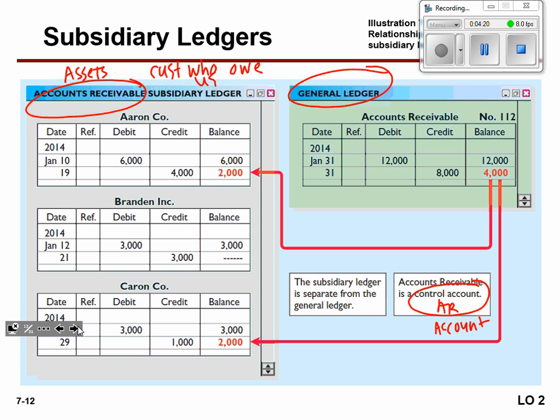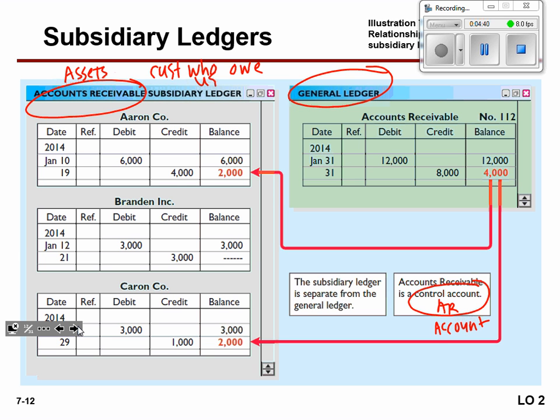So let's look at the debits and credits a little bit. If we see an asset debited, does that mean it's going up or down? Up. That means we sold something to Aaron Company and they said, we're not going to pay you, bill us. Okay, so that asset goes up.